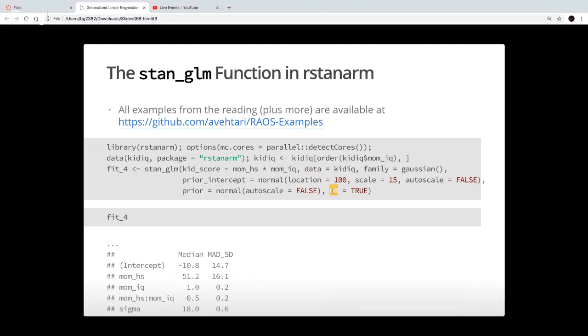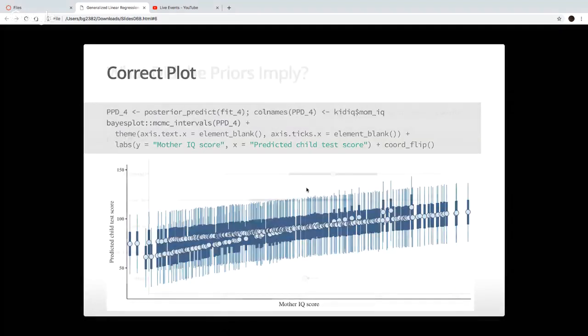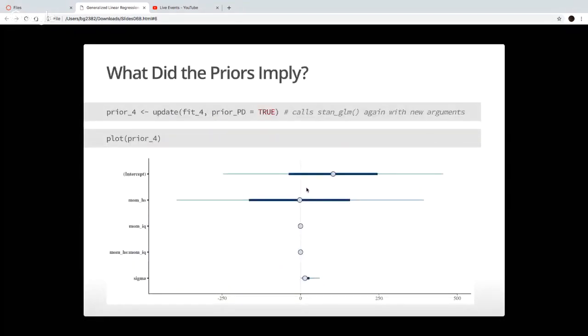But because of the internal scaling and rotating and stuff like that, there's sometimes a disconnect between what you put in and what the priors actually are. So it's good to look at the plot, because that's what was implied for what you gave it. And if that is too diffuse, which it certainly is for the mom high school thing, then maybe change the scale factor on that normal prior to be something less.